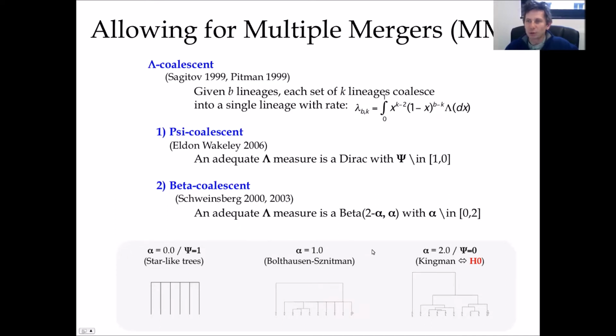Under the standard neutral model, the kinship tree, the tree that relates all the individuals within your population, has only bifurcations, right? So it's a bifurcating tree, and it's known as the Kingman tree, named after the discoverer of the distribution of this tree.